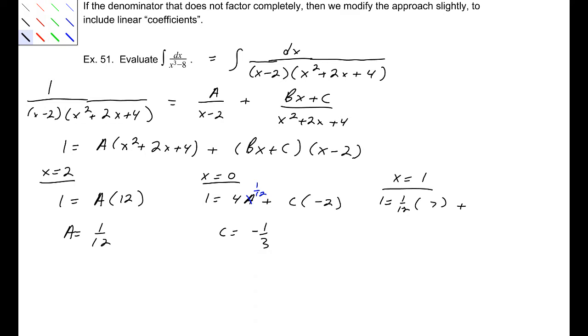If I plug 1 in, that is going to be B plus C times negative 1. Now I do know what C is. C is negative 1/3. So then that means that our value of B, if we do a little bit of algebra, is negative 1/12.